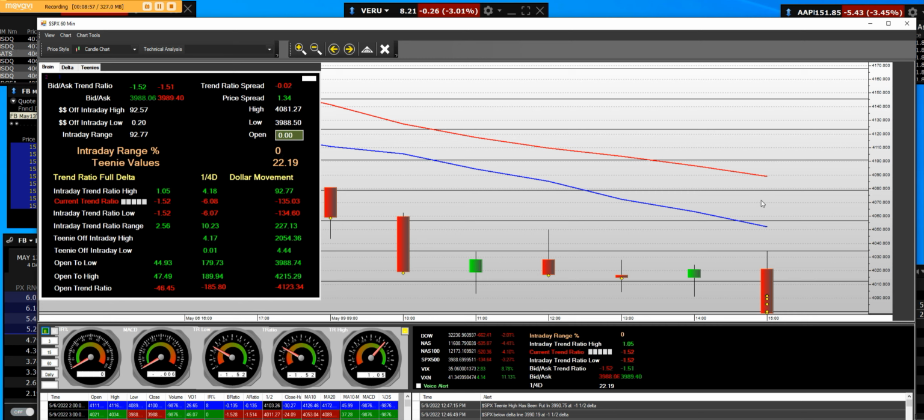And that's what the app does for us right here on the SPX. Isn't it exciting? Of that big 60, each line is $22.19 on our 60-minute chart. What that really means is it's a 1/4 delta in our system.